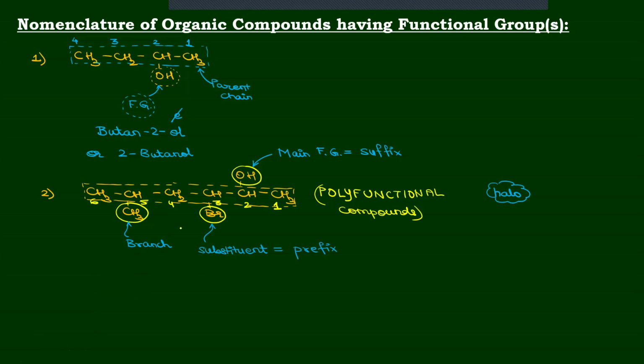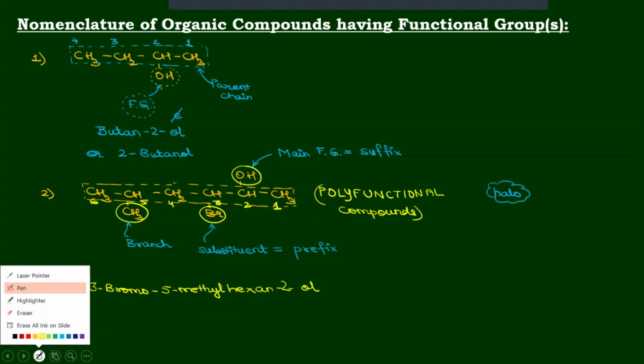Since the substituents are different, we arrange them in alphabetical order. So 3-bromo, 5-methyl. This is the name of the child, followed by the parent, which is hex with a single bond, that is hexane, drop the E and replace it with ol, with position 2. That's the IUPAC name of the compound.